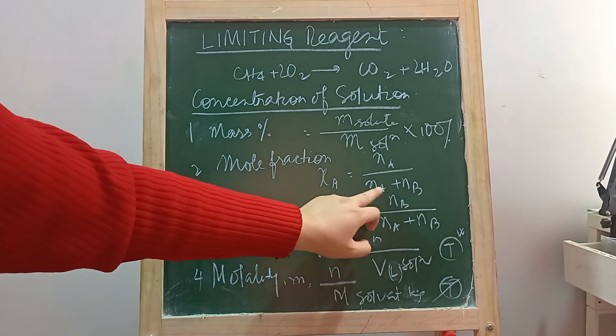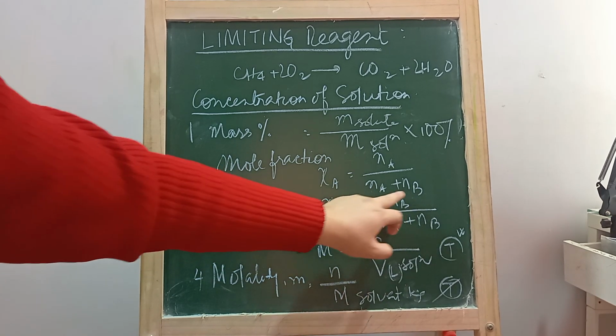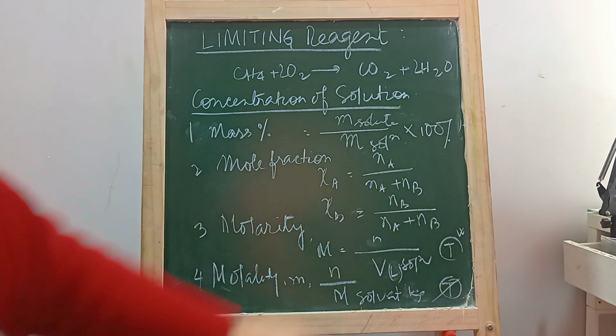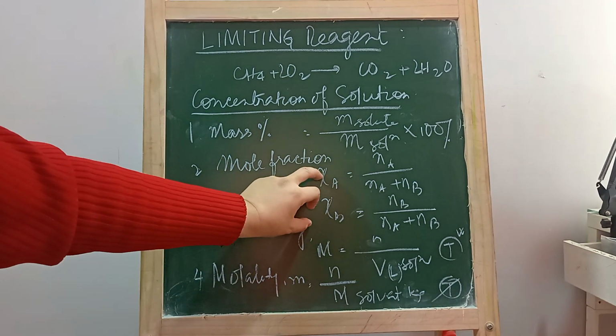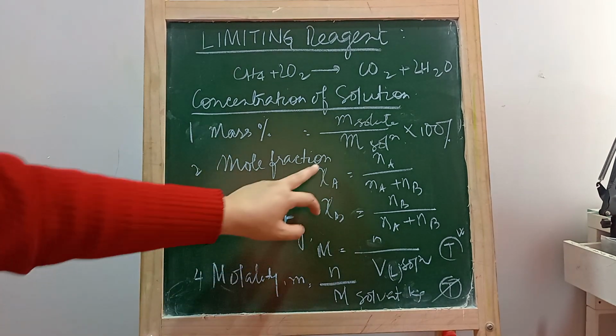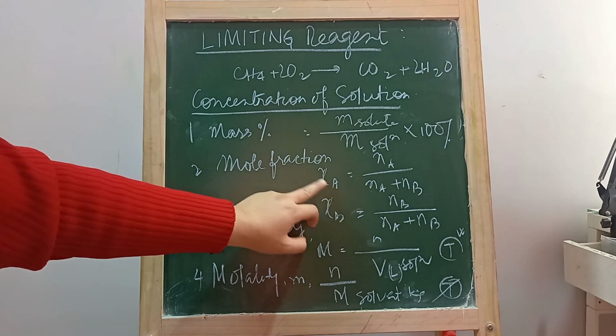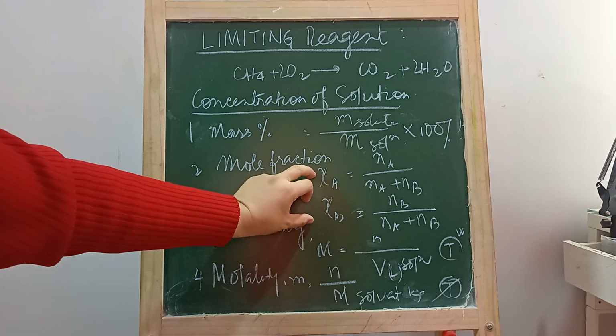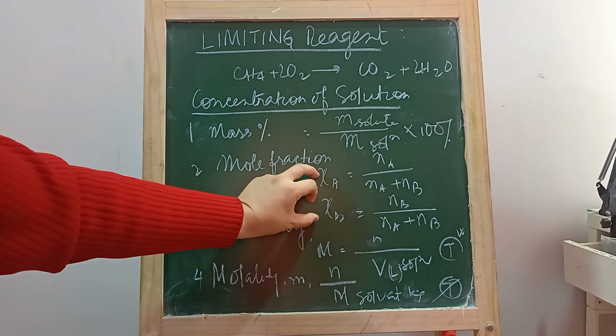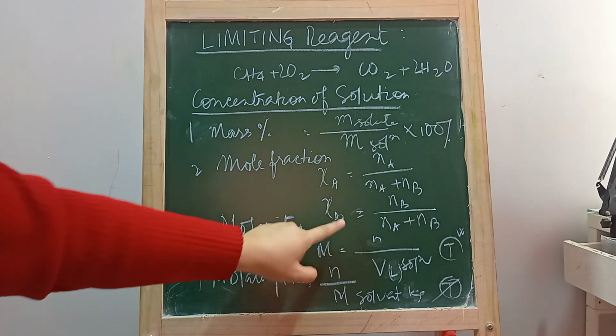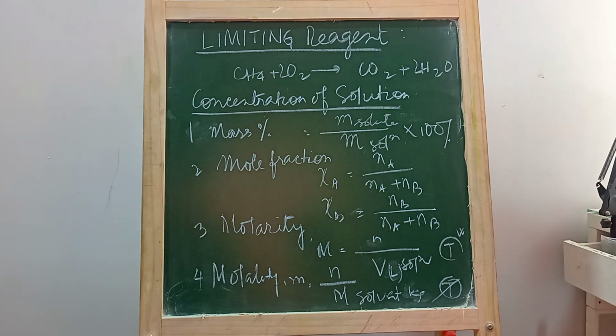Na plus Nb means the number of moles of component A plus the number of moles of component B. But one thing that you can observe here is that if you add the mole fraction of A and the mole fraction of B, you'll get 1. Xa plus Xb will be 1.